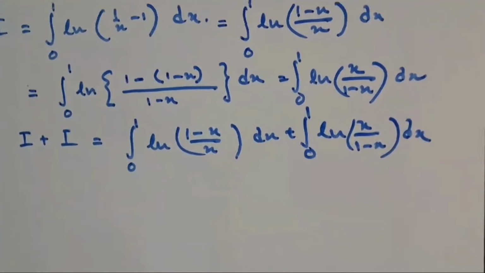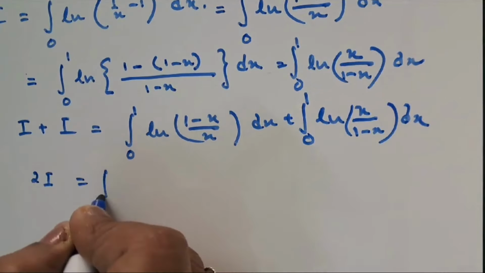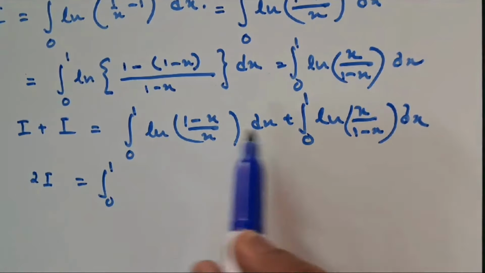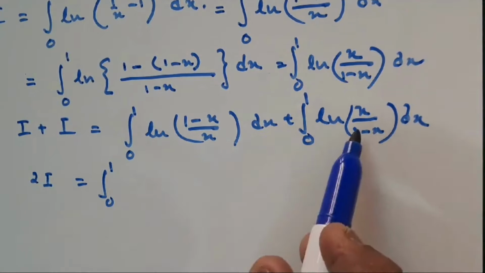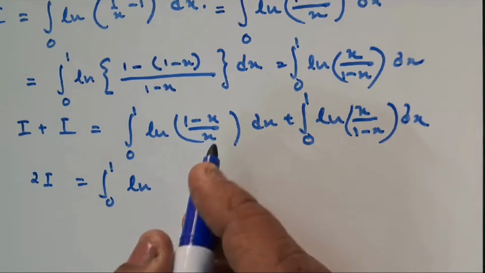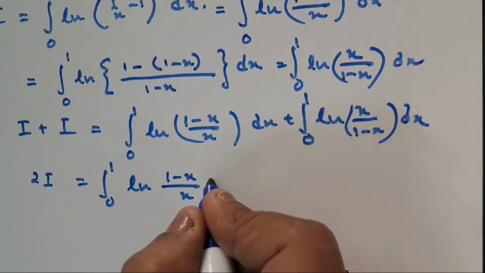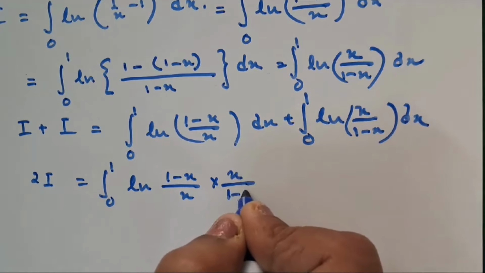So I plus I is 2I, is equal to integration 0 to 1. I am bringing these two integrands under the same integral. So ln of (1 minus x)/x times x/(1 minus x), because log a plus log b is log of a into b.